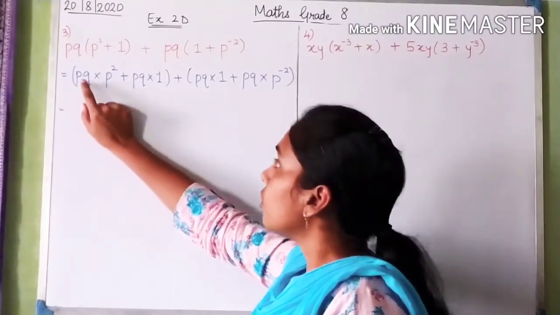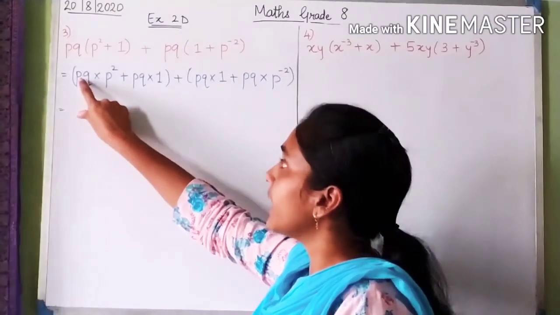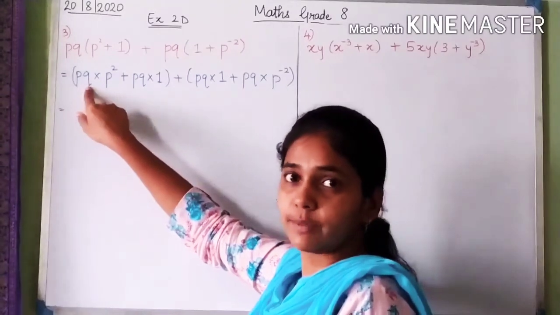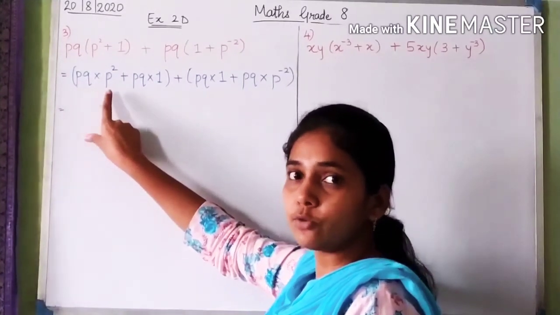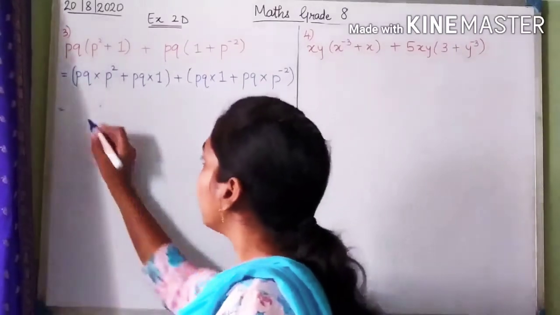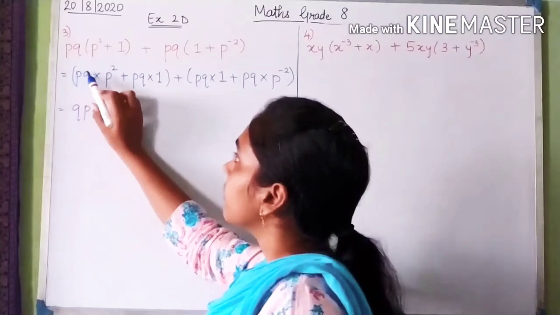Okay. So by the first law of indices, we can multiply this p and p square. Q will remain the same. Q will remain as it is. Why? Because there is no other q here. But there is another p. So I write q as it is. And for p, I write this.